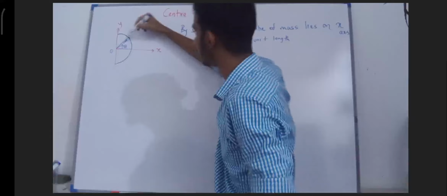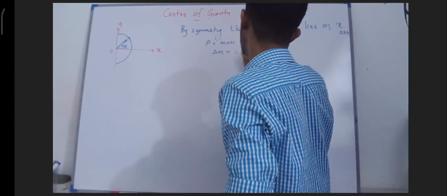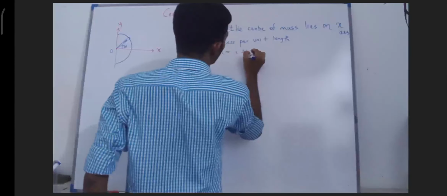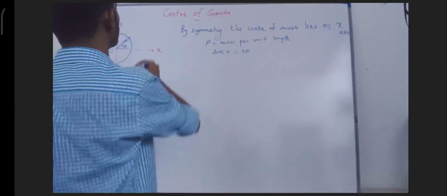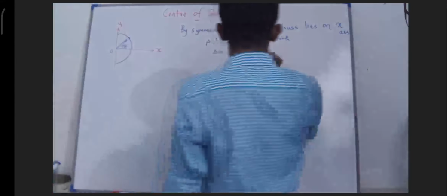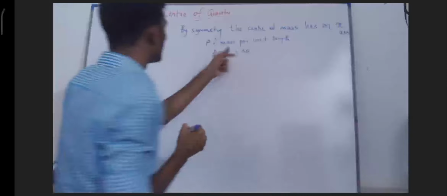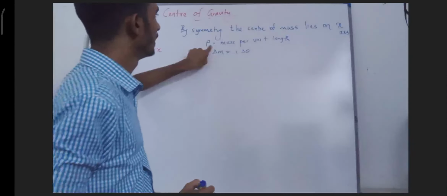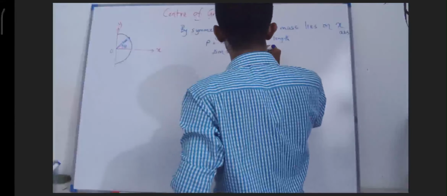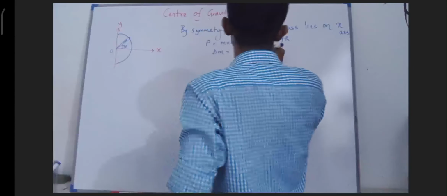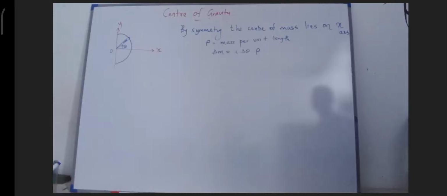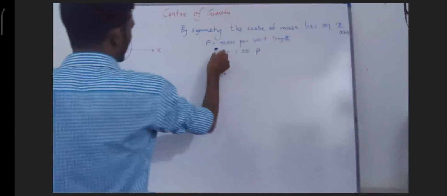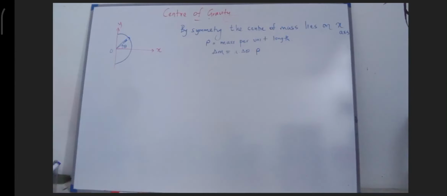The length of this piece is a into delta theta, you know, so this is obvious. If I multiply by rho, I will get the mass of that length. So this is the mass of this tiny piece.